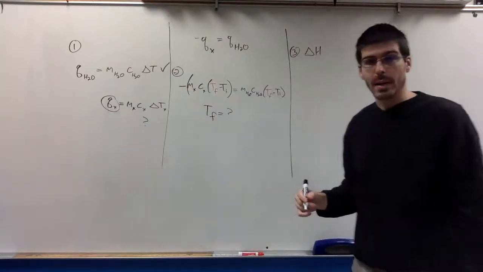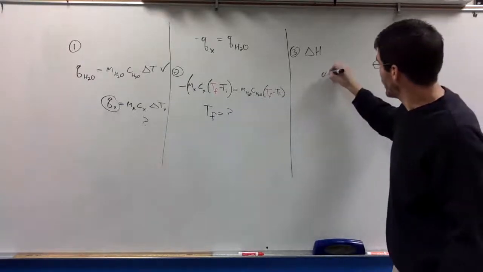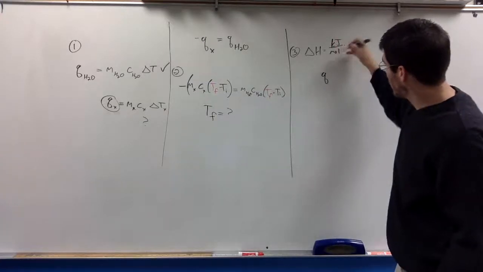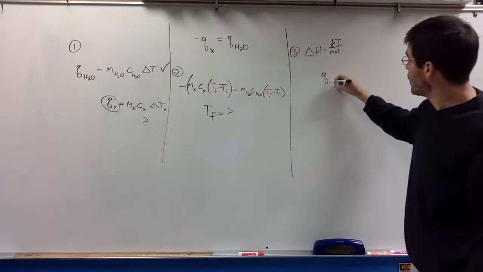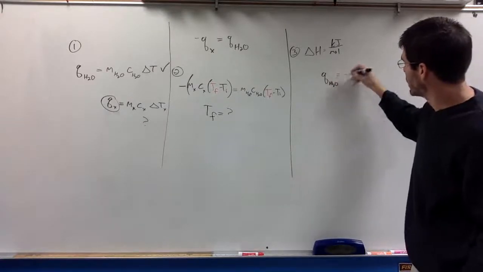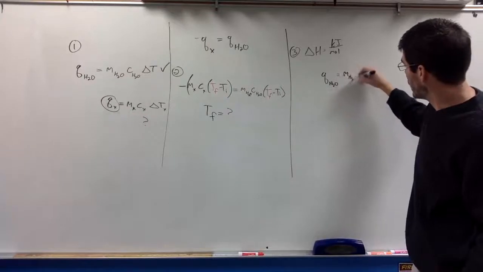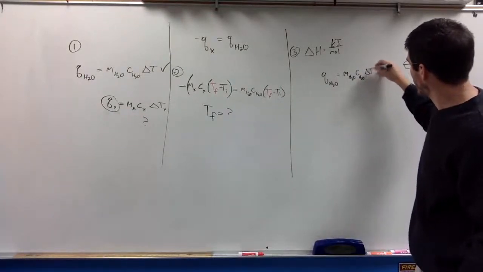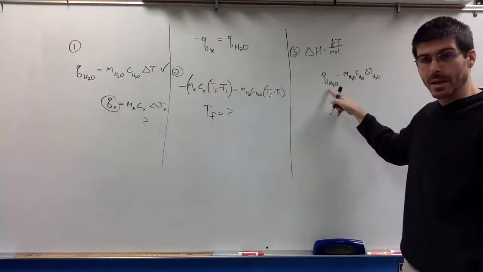The third one is when we get into delta H calculations. The units on this are kilojoules per mole, but watch out, we could do kilojoules per gram too, same thing. If we found the heat of the water, mass of the water, specific heat of the water, this will give us that value in joules.